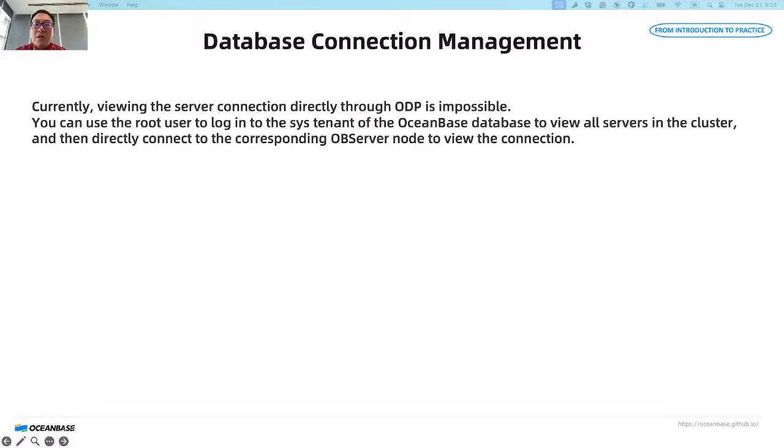Currently, OceanBase does not support directly viewing server connections through ODP. You can use the root user to log into the systenant of OceanBase to view all servers in the cluster, and then directly connect to the corresponding OB server node to view the connection.